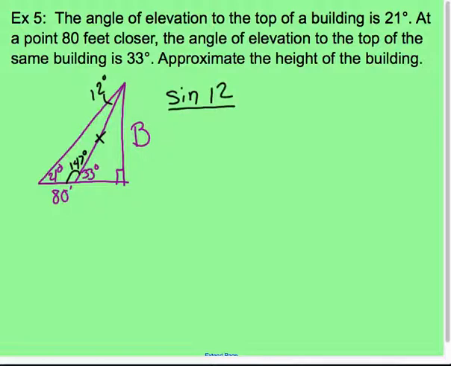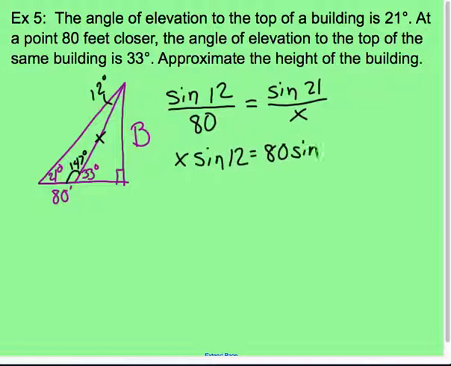The first angle side pair that I see is the sine of 12 over 80. And I want the angle that's across from x, which is 21 degrees. Again, cross multiplying. And dividing by the sine of 12. We get about 137.892 feet.